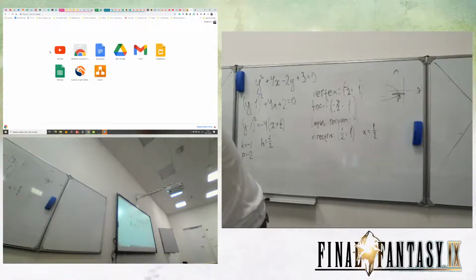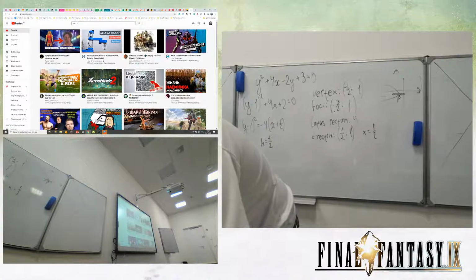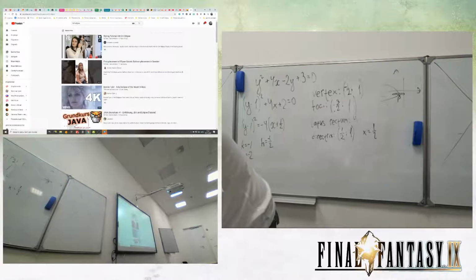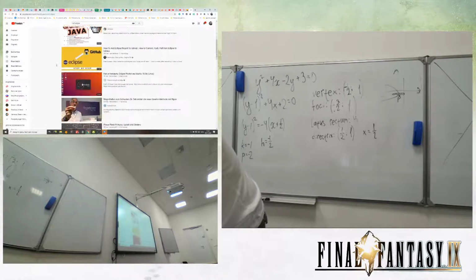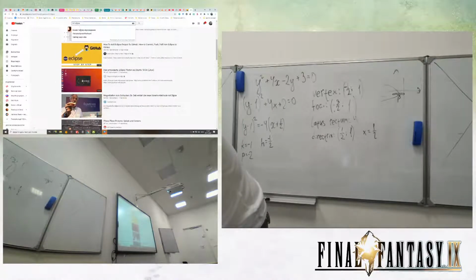Minus 2. Give me a second. Yeah, Reza said that it should be for P, but we use the Russian system, where it should be P over 2, because it's better.